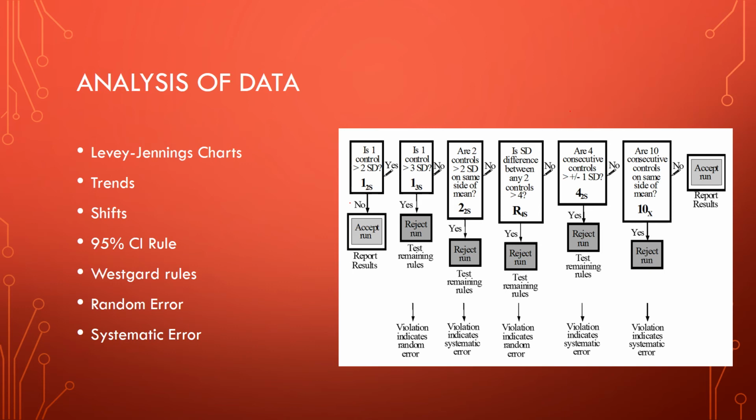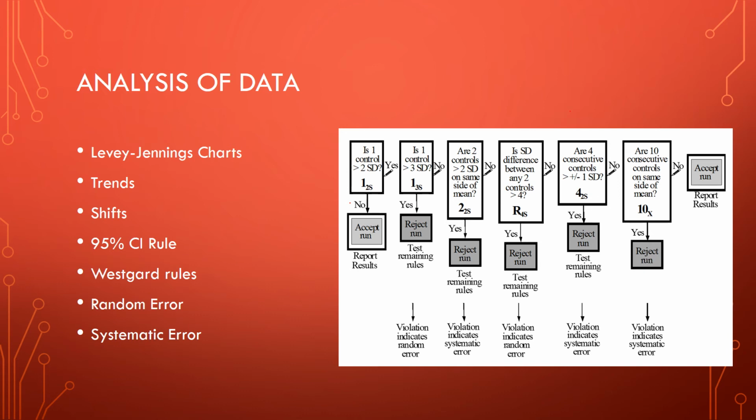As a good rule, I should say, a commonly accepted rule, the 95% CI rule. This is a commonly accepted rule within the laboratory, that the control values should fall within 2 standard deviations for the analysis to be accepted and the patient results to be reported out.